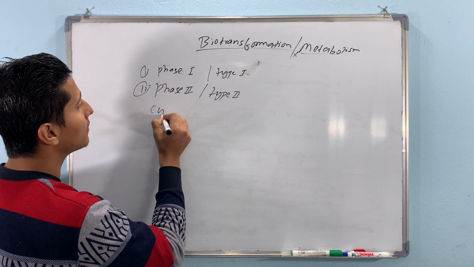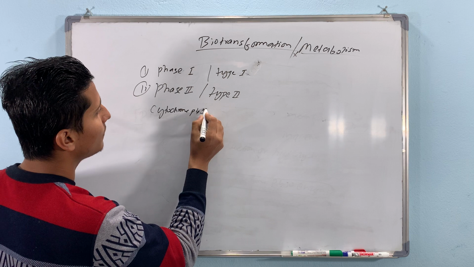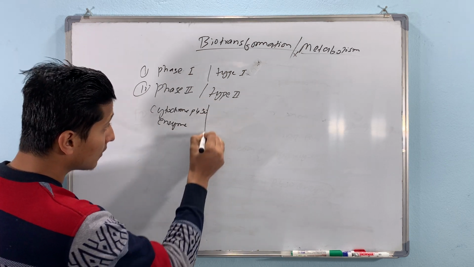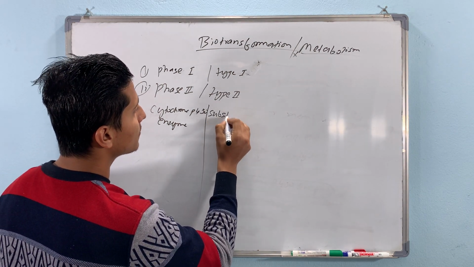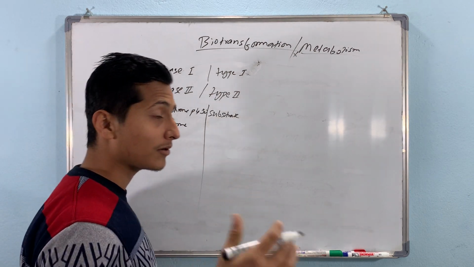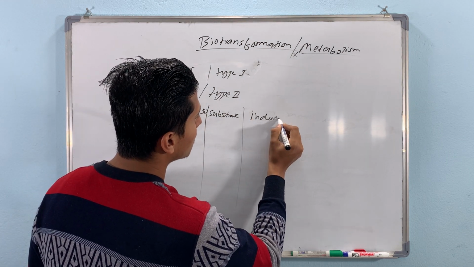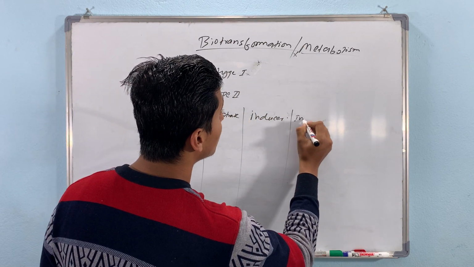First of all, let me write cytochrome P450 enzymes. Now, there's a term called substrate. Next, there's a term called inducers. And now there is the next term we call inhibitors.